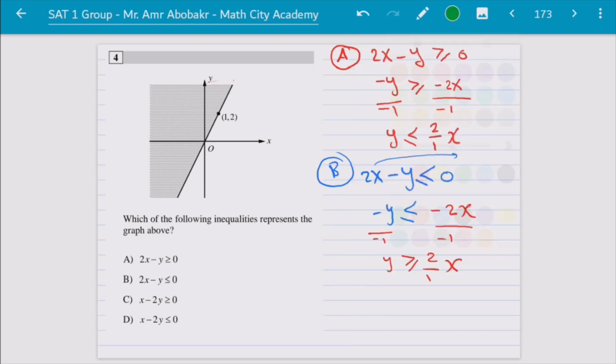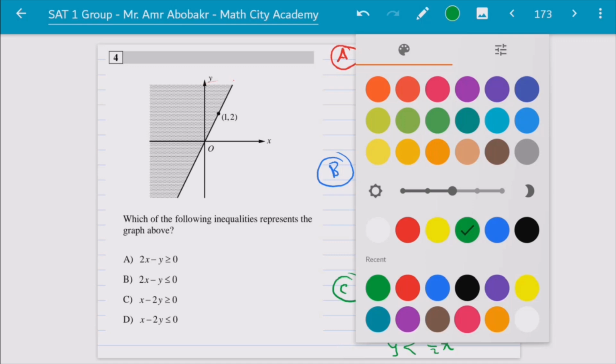Okay, C: x minus 2y greater than 0. So negative 2y is greater than negative x. Divide by negative 2, so y smaller than negative x divided by negative 2. It will be 1 over 2 x.